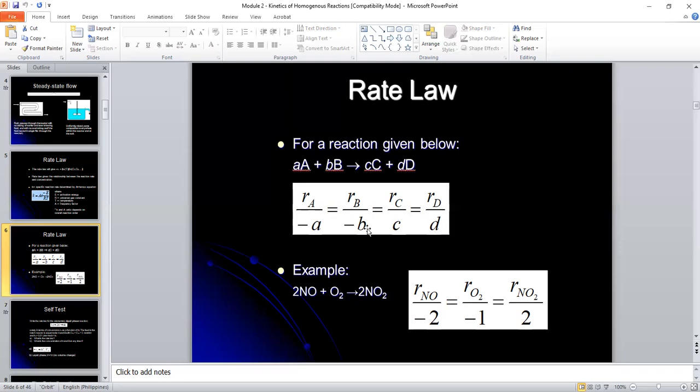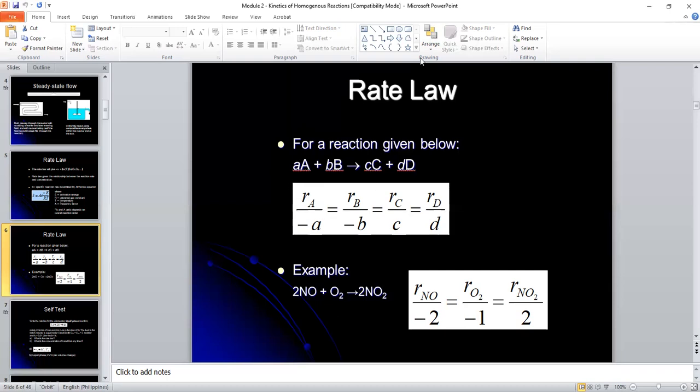But this is very important: no matter how complicated or complex the rate equation or the rate law of a particular reaction is, the relationship of the rates is based on the stoichiometric coefficients that appear in the balanced chemical reaction. The stoichiometric coefficients that I'm referring to are a, b, c, and d. So your reaction in the first place has to be correctly balanced.